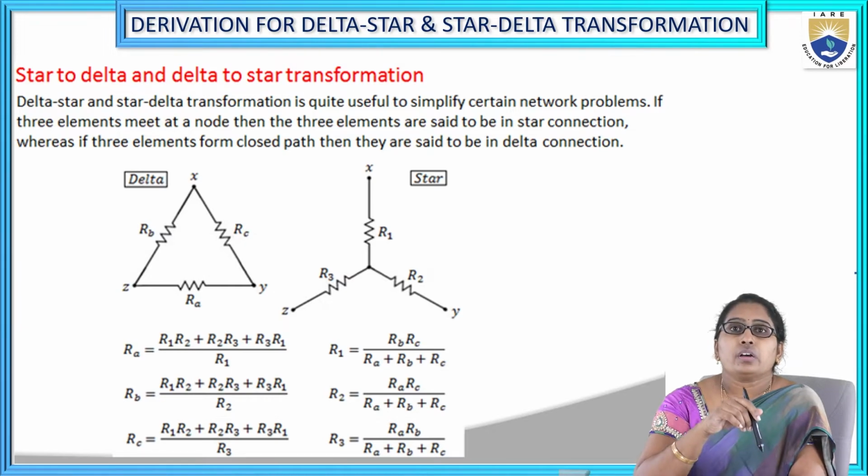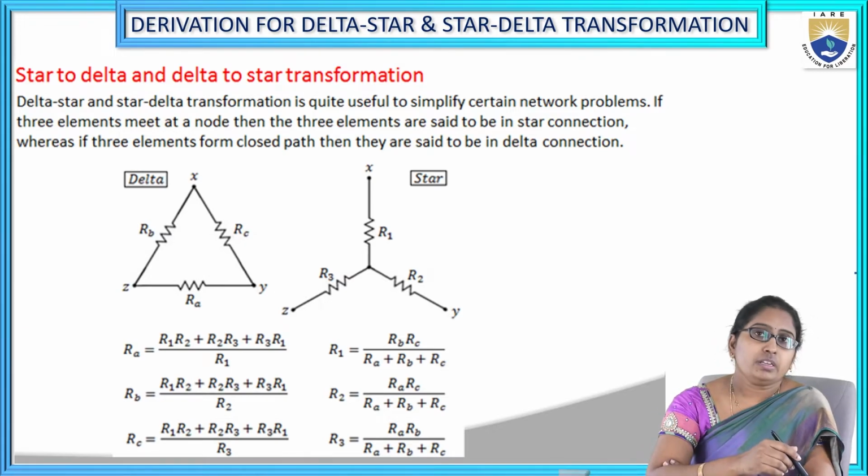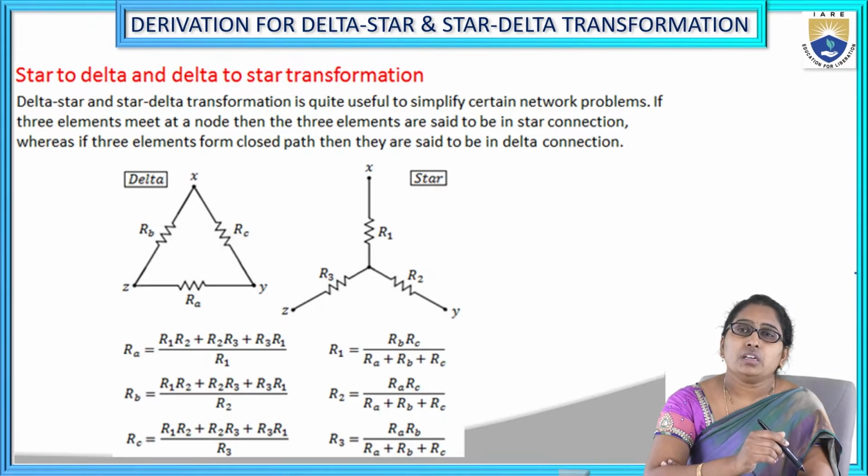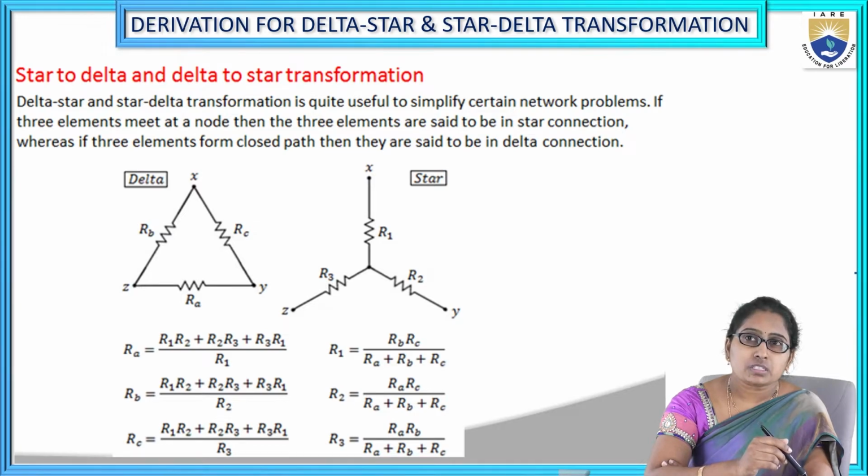Converting first, on the left side, the expressions for delta elements are given in terms of star element values: the sum of the product of each two elements combination of star over its opposite resistance in the star connection.